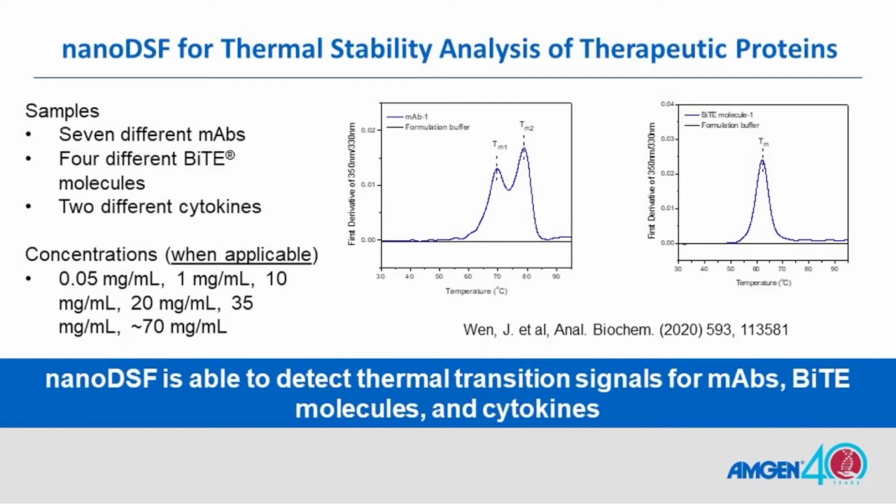The blue traces are the mAb or the bispecific molecules. From these 2 figures, you can see there are no transitions observed for the formulation buffers. However, there are 2 thermal transitions observed for the mAb and 1 thermal transition observed for the bispecific molecule. So in general, nanoDSF is able to detect thermal transition signals for mAbs, bispecific molecules, and cytokines.